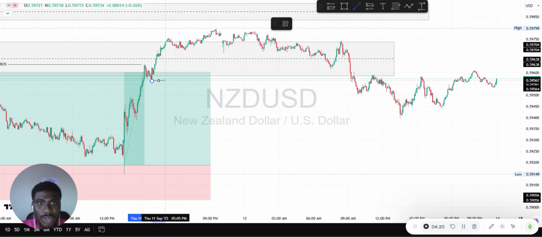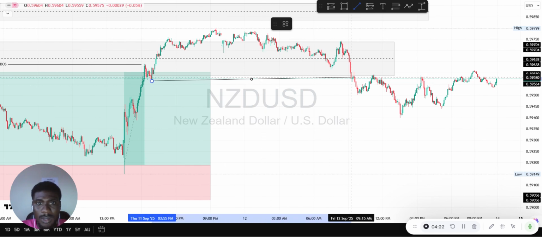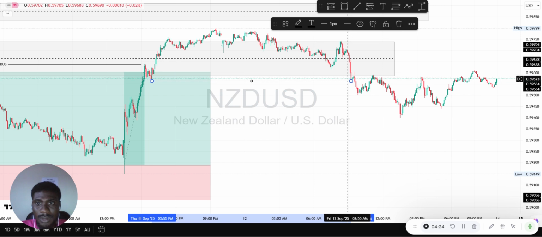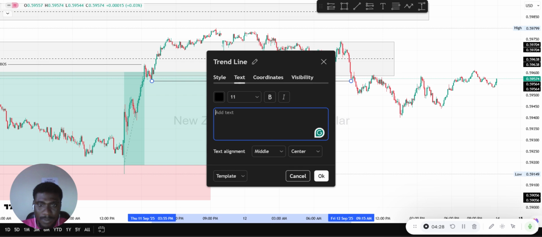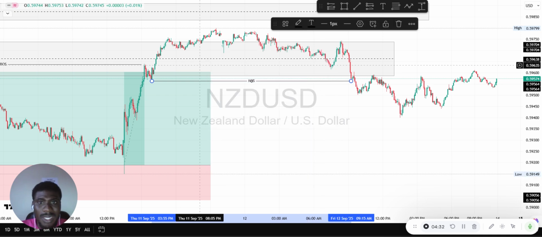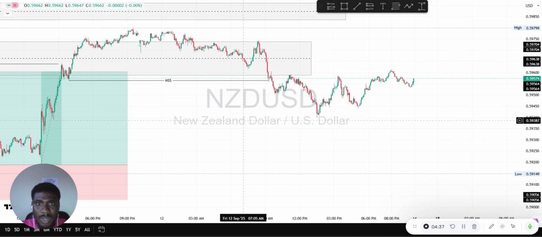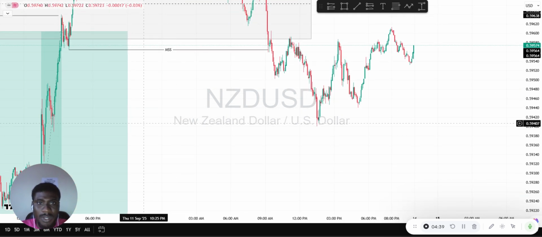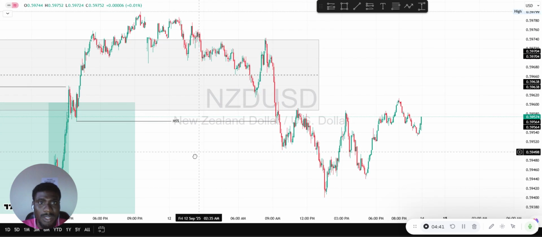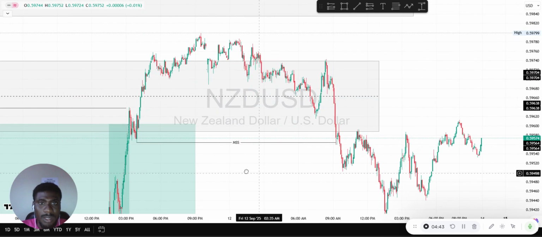Now this break of structure is actually a market structure shift. This is now our MSS because it is in line with our overall market structure. This is how I actually take my trades.